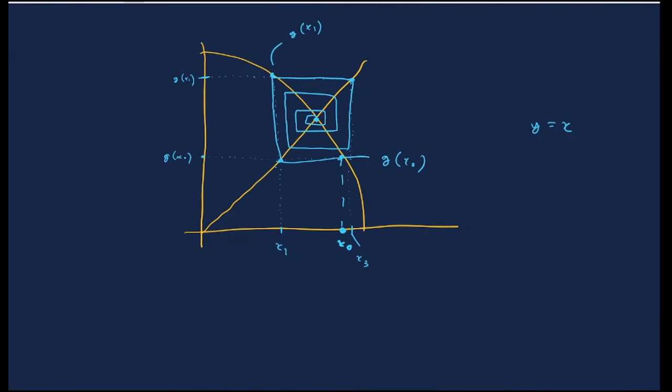So the main idea of fixed point iteration is that initially we have to rewrite our given f of x in a different way.